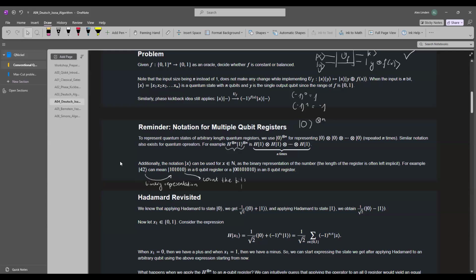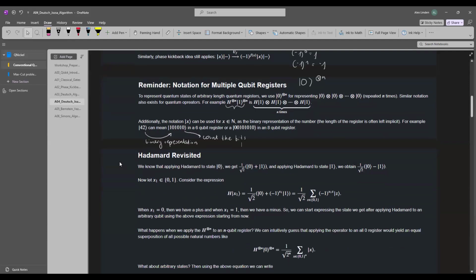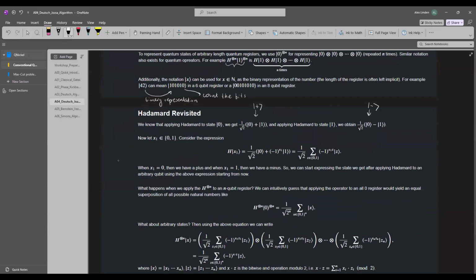Next, let's look at Hadamard again. So if we're applying Hadamard to state 0, then we're getting the state plus. If we're applying it to state 1, we get minus. Now, let's have x1, which can be either 0 or 1. And consider the expression where we're putting the Hadamard operator onto the state x1.